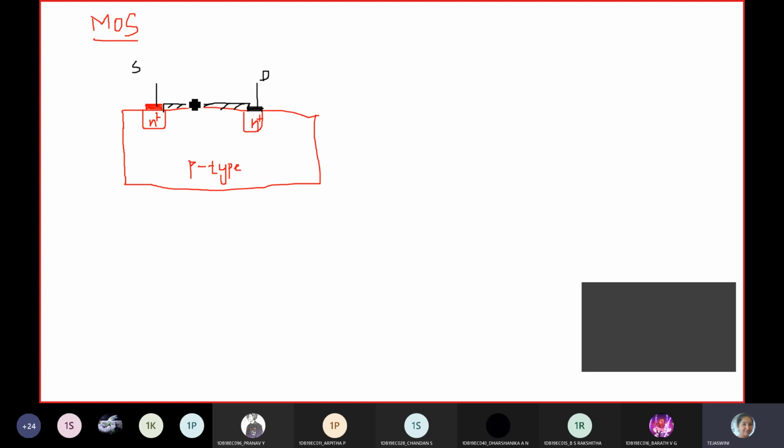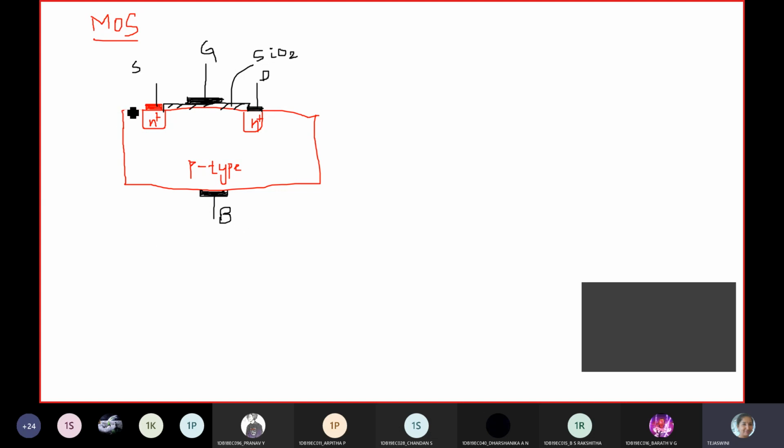Then on top of that, for the contact, we use a metal, which we label as gate. And you have a fourth terminal, again with a metal contact, which is the body or substrate.